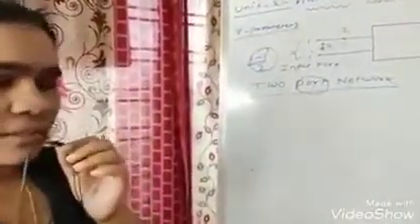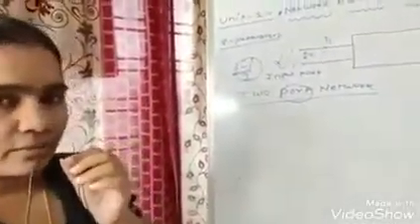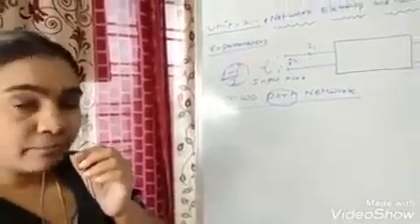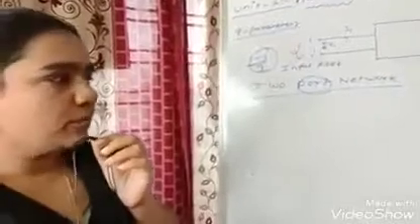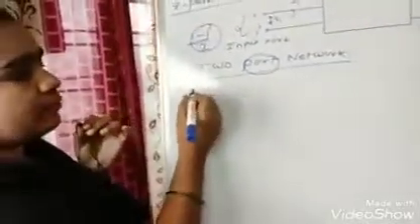Next, what is the use of this two-port network? For the analysis of transistors and transmission lines, we use BJTs and this two-port network. These two-port networks are classified into four categories.